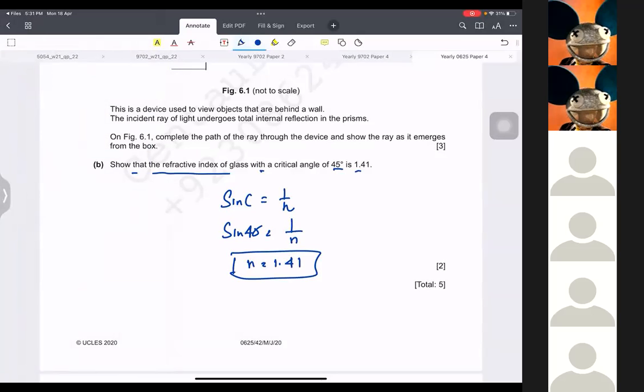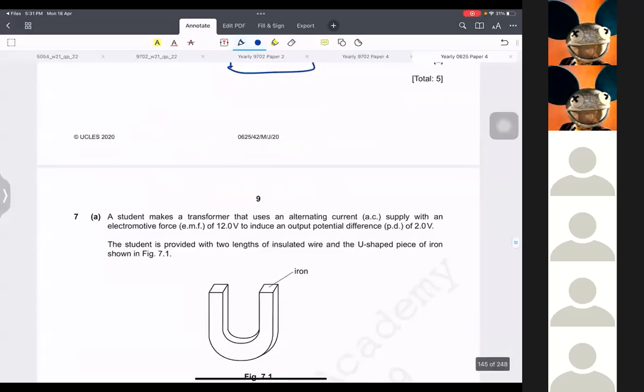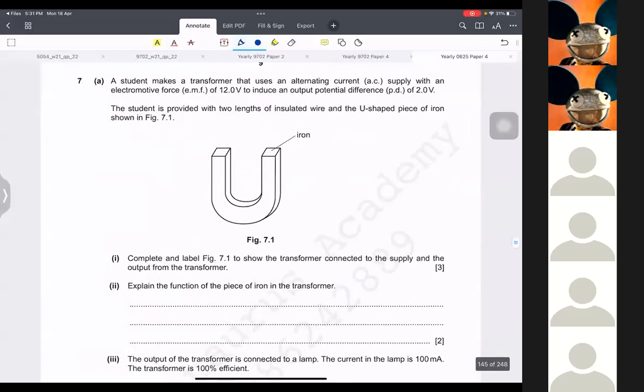Now, going to this one. A student makes a transformer that uses alternating current, electromotive force, and so on. The student is provided with two lengths of insulated wire and a U-shaped piece of iron shown. Complete the diagram, show the transformer, connect the supply and output of the transformer.